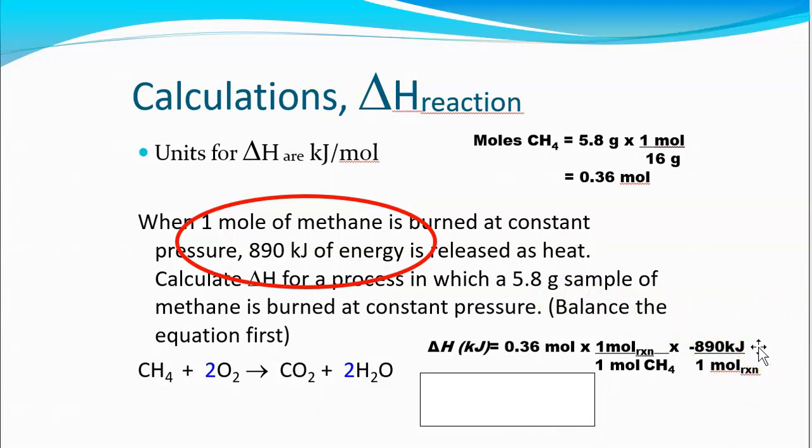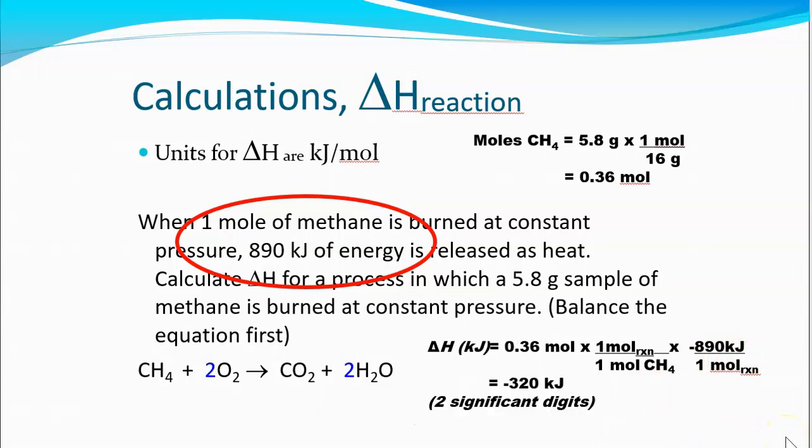And since that heat is released, it's exothermic, and my delta H must be negative. So I take 0.36 times 1 divided by 1, and then I multiply that by the negative 890 kilojoules. So if we take a look at that, we end up with the answer being minus 320 kilojoules. Two significant digits, since we had 5.8 grams.